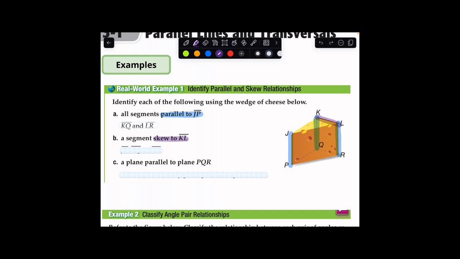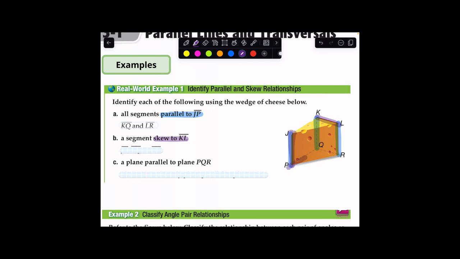So we could use JP again. Notice that even if the sides of this cheese were to go infinitely, this will go here, this one will continue behind it. They would never intersect. And JP and KL would get farther and farther apart.